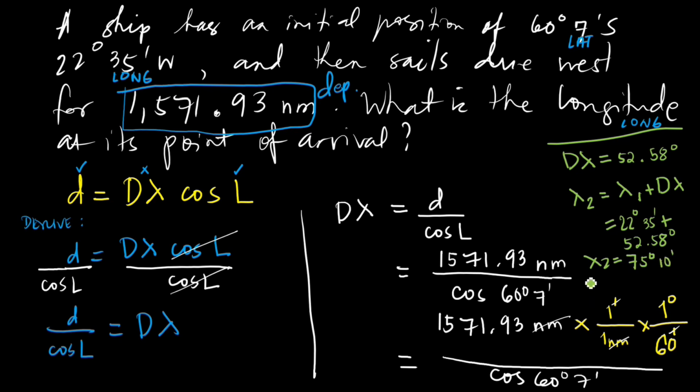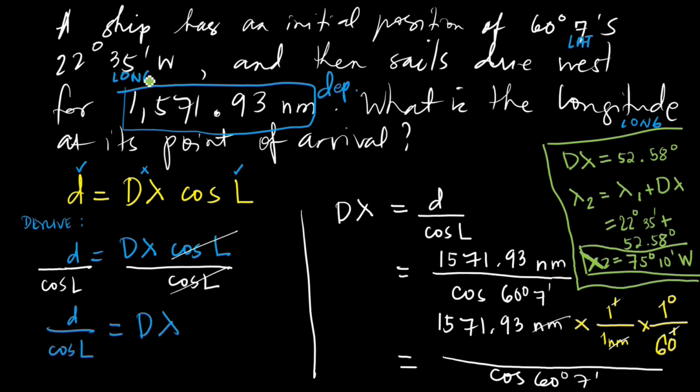And then is it west or east? Of course, it is on the west. So this is the longitude at the point of arrival. Try to think of it: why is it west?